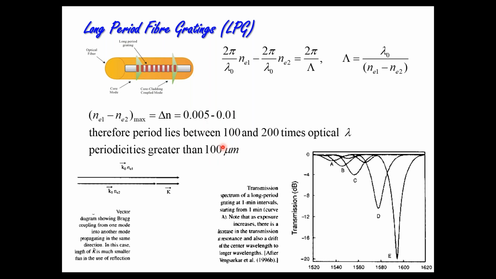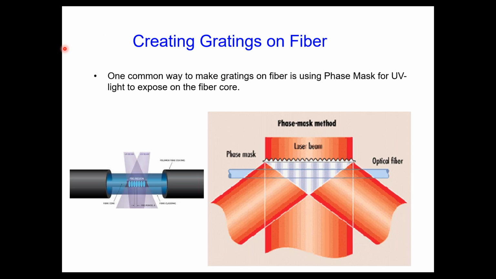So it is very easy to fabricate this kind of long period grating, and both the gratings are very much used in measuring various kinds of parameters. So they are very good sensors. So how to create these kinds of gratings? It can be done using the interference of a UV beam.